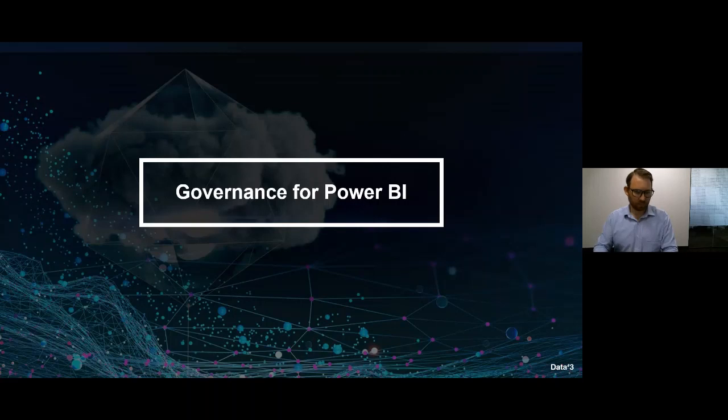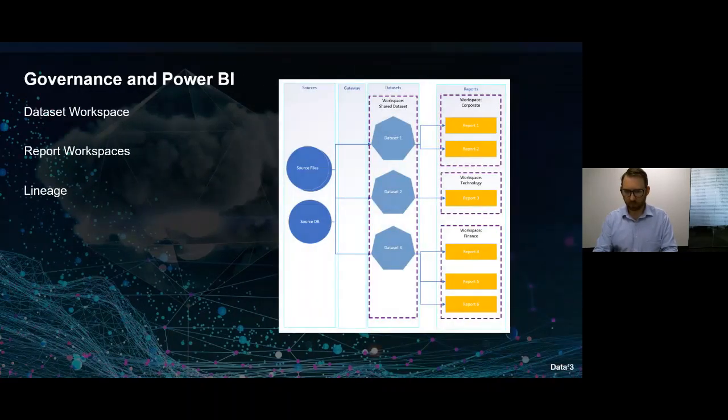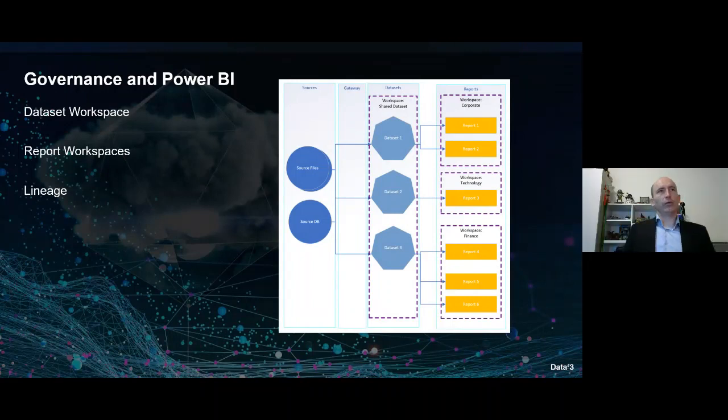Okay, welcome everyone. If we jump into governance for Power BI now, we're going to cover the Dataset Workspaces, the Report Workspaces, and the lineage of how it all ties together. This diagram is one I quite like because it shows the end-to-end of how our source databases and files are used by our shared datasets, and if they're on-prem, they've got a gateway in between.